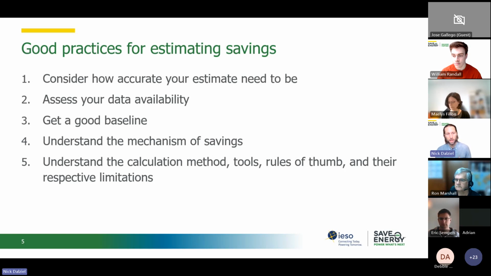After that, we're looking at understanding the mechanism of savings. How do we save energy at a more fundamental level within a compressed air system? And finally, understanding the calculation methods, tools, rules of thumb, and the respective limitations of those.